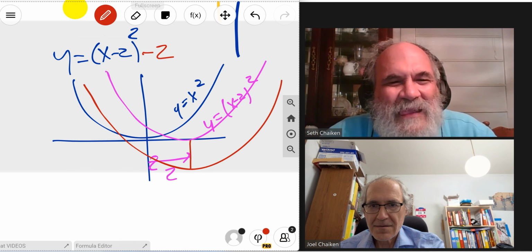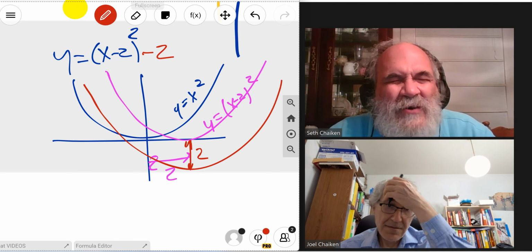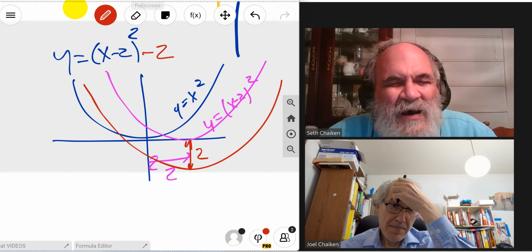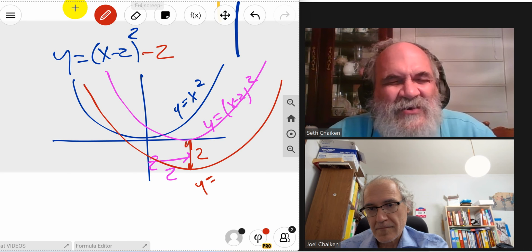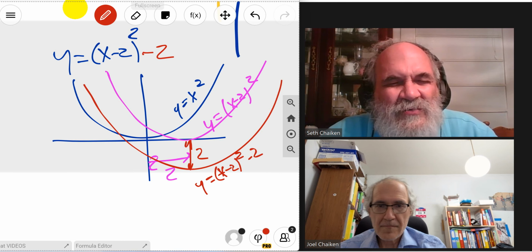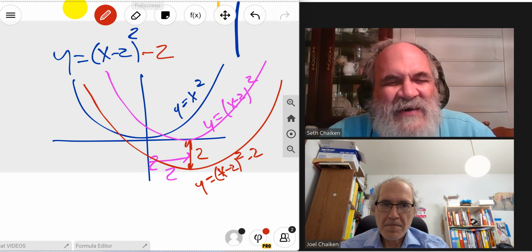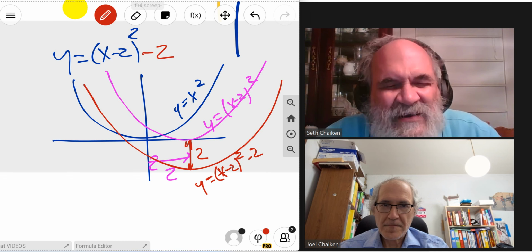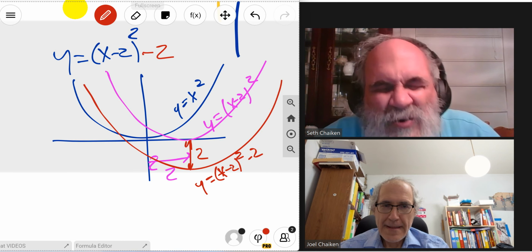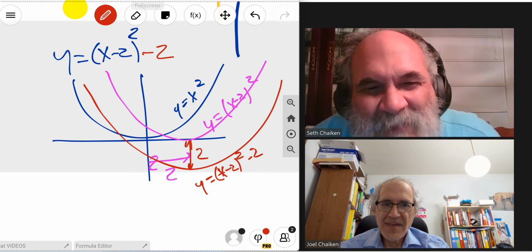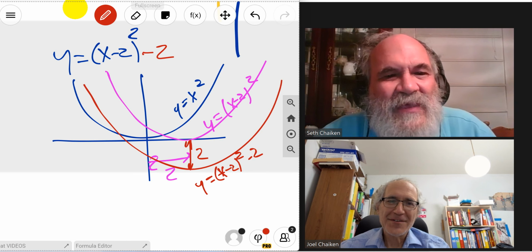That one also satisfies the SAT question, because the SAT question asks you to select functions where the y value is always greater than or equal to minus 2. I think actually it was minus 1.